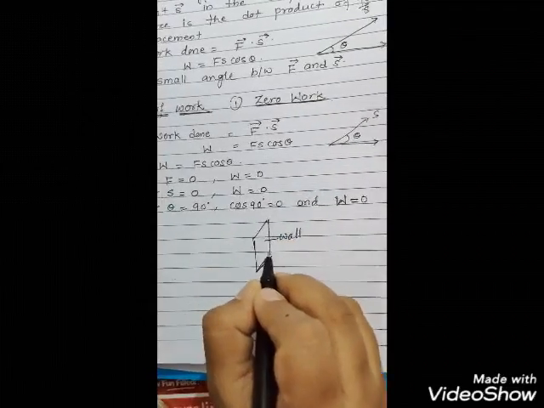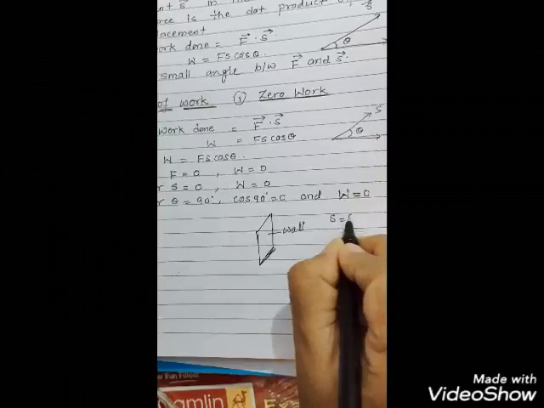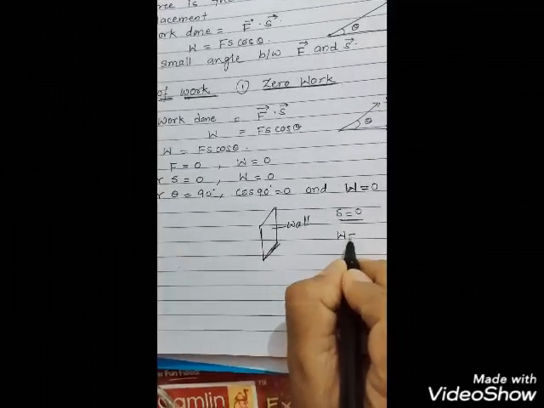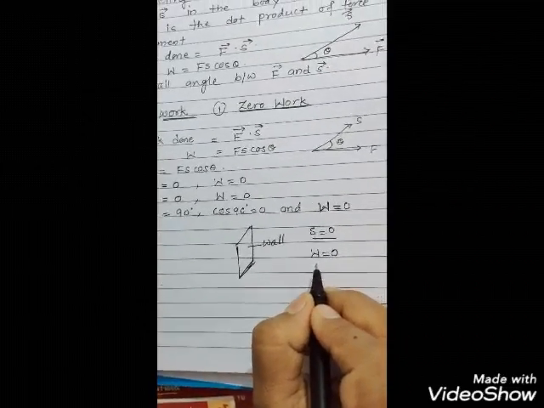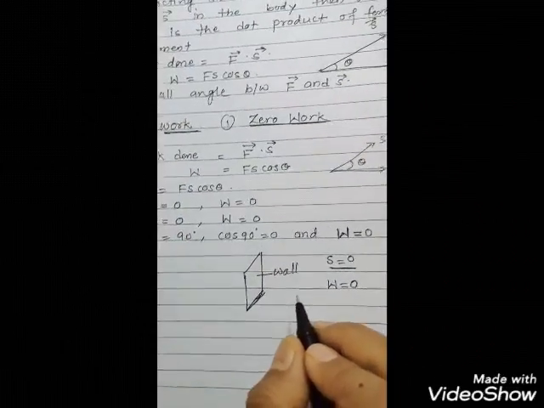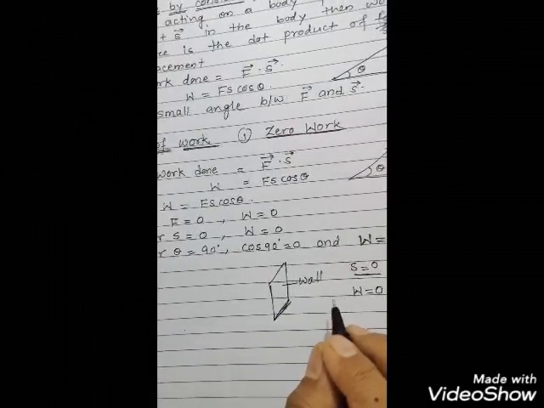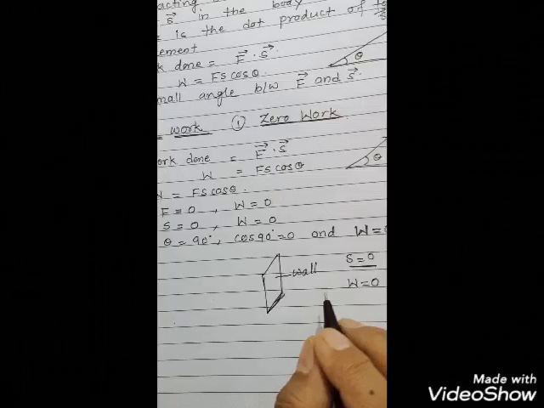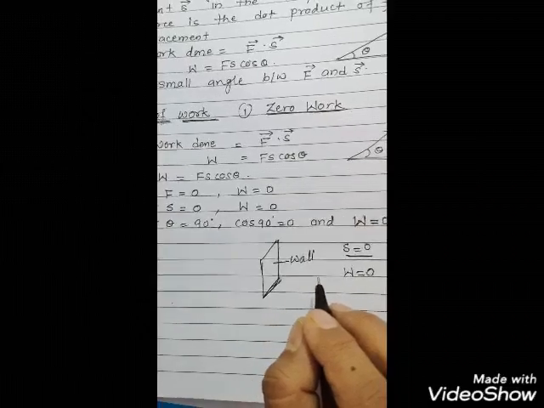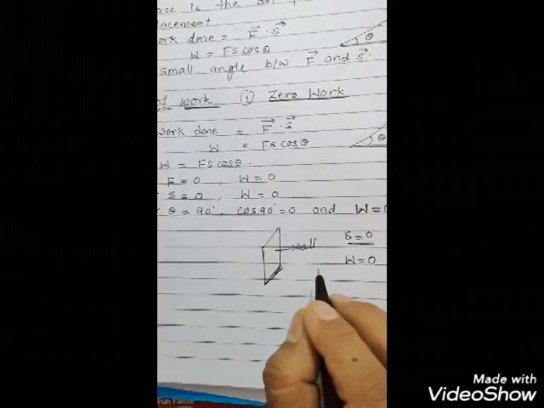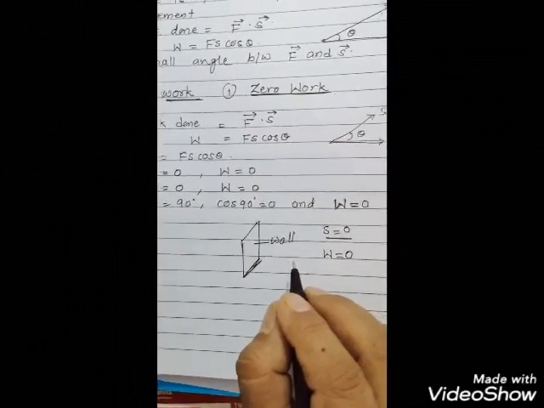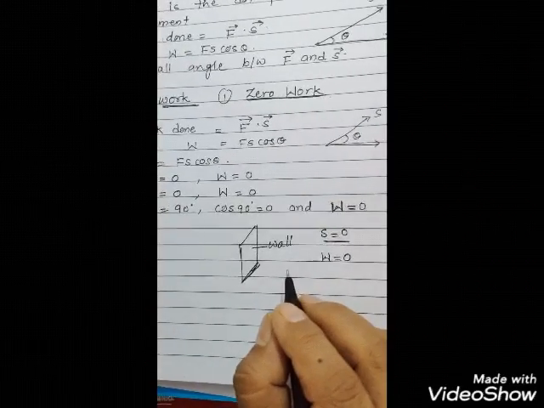In that situation the displacement is 0, so the work done is also 0. Another case is a laborer carrying a load on his head. In that situation also the work done is 0 because the angle theta is 90 degrees. The displacement and the applied force make a 90 degree angle with each other, so we can say no work is done.